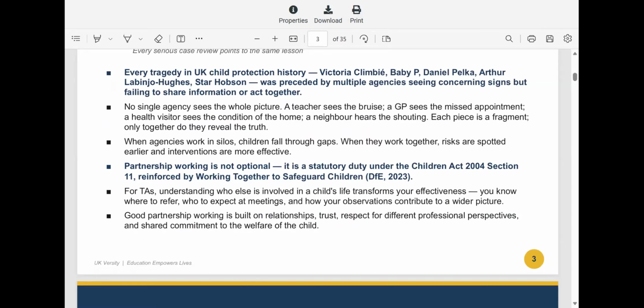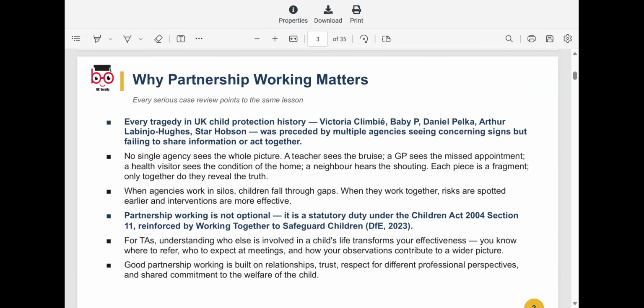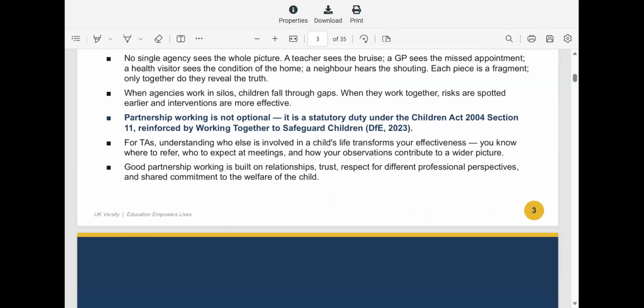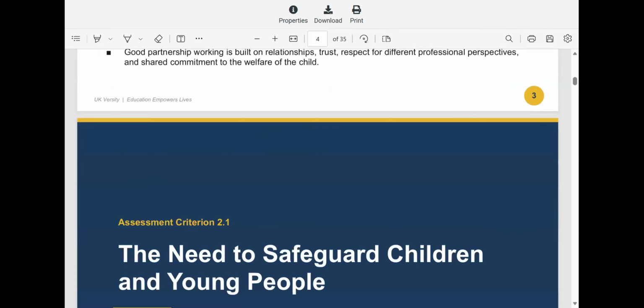And there's another one of Sky, a little girl in West Yorkshire, where she was abused by her parents. It was quite a serious case, and she was beaten badly by her mother and her partner. In this case, every case has to be reviewed properly, and all the agencies must be involved to identify any sort of needs.